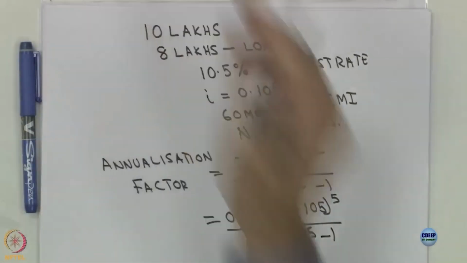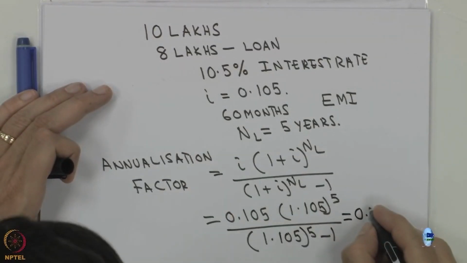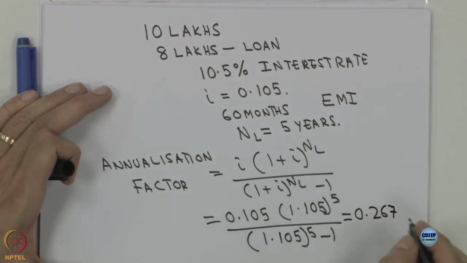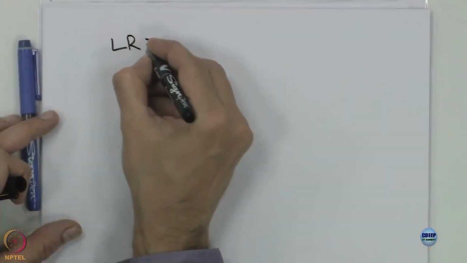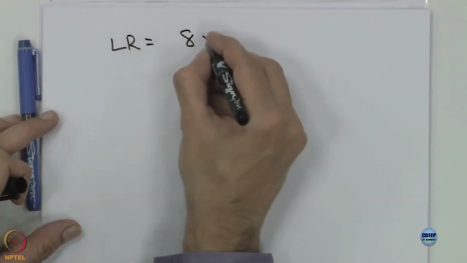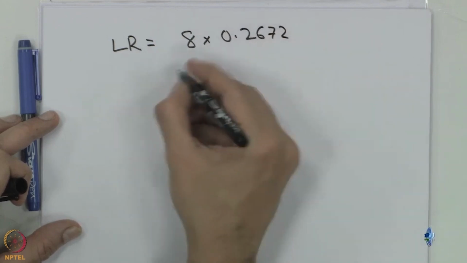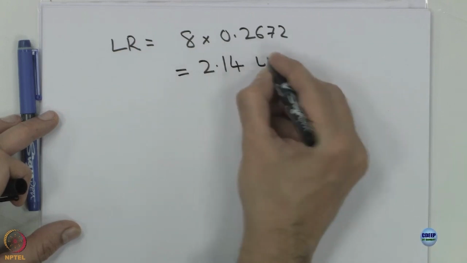If you substitute this, you will find it's 0.267. So now the annual loan repayment will be 8 lakhs into 0.2672, which comes out to be 2.14 lakhs.